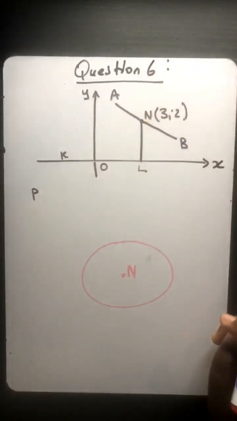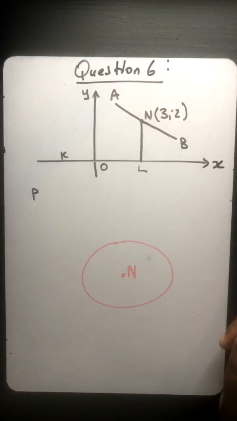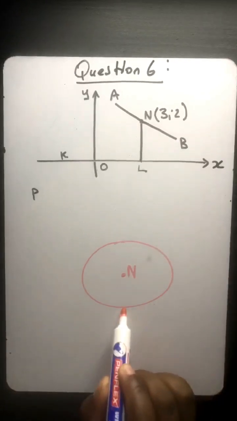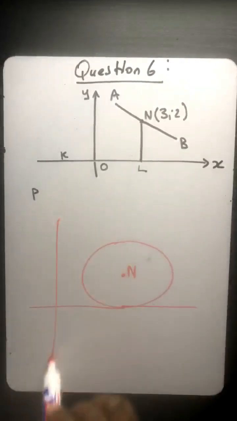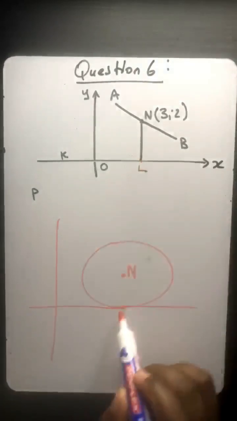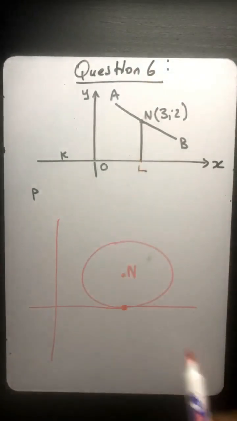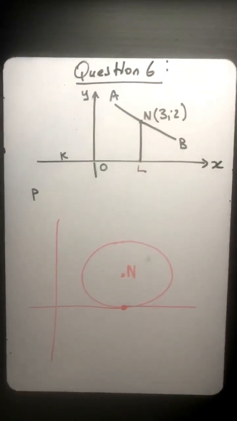Now the statement continues: a circle centered at N touches the x-axis at point L. So that point there being L is where that circle touches the x-axis.